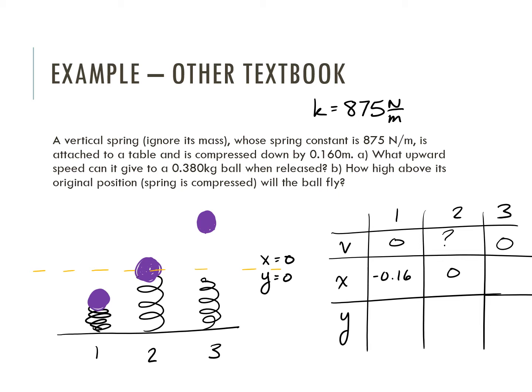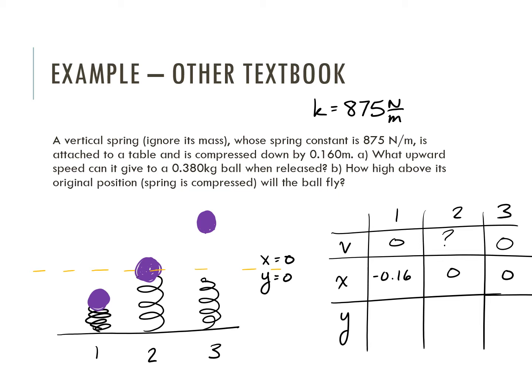It has launched the ball, so it's not relevant to the ball at point 3 anymore. So it's going to be 0. If it was attached, that would be a different story, but it tells us the ball is flying above the spring. So we have launched it some height.